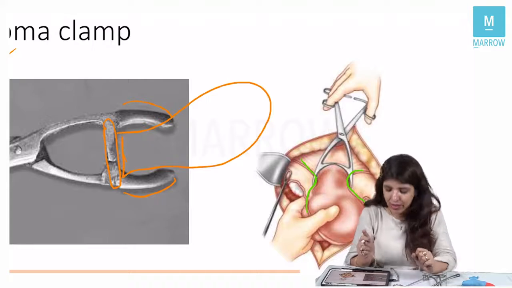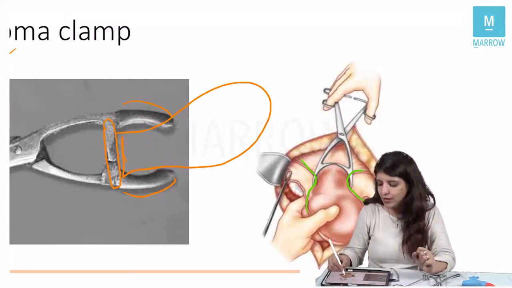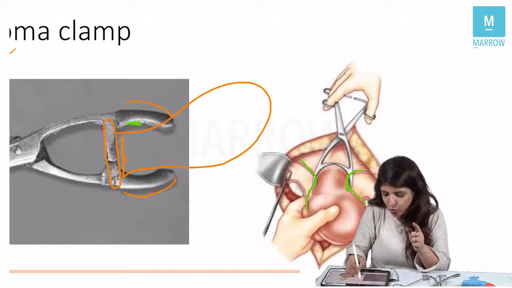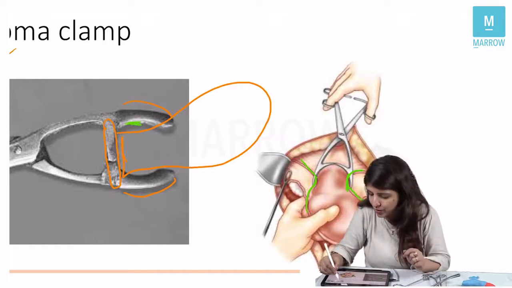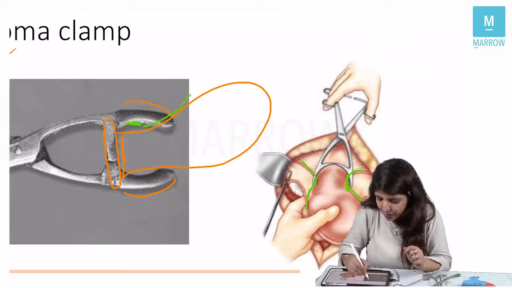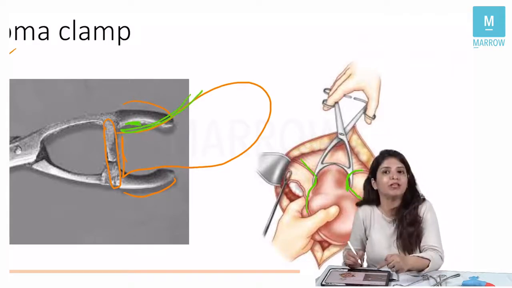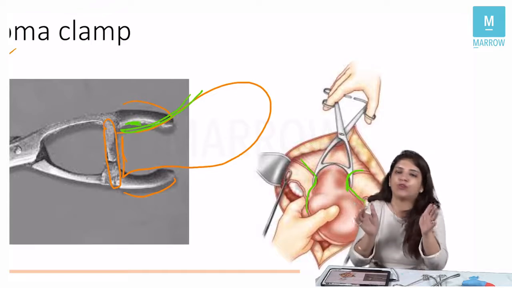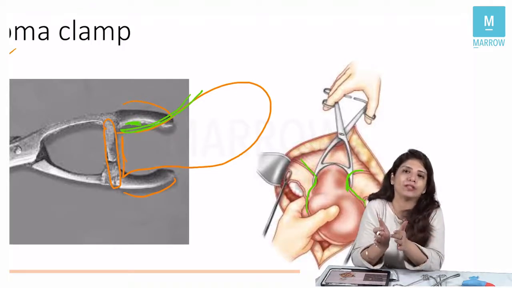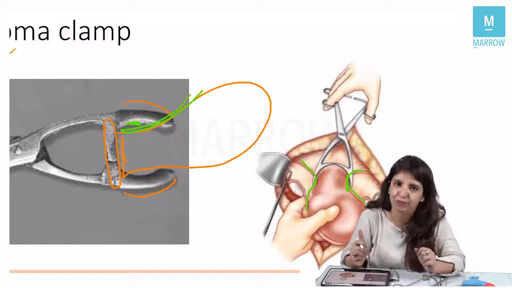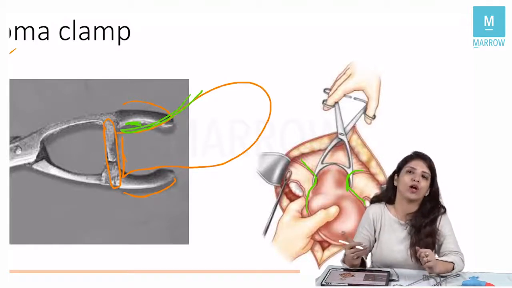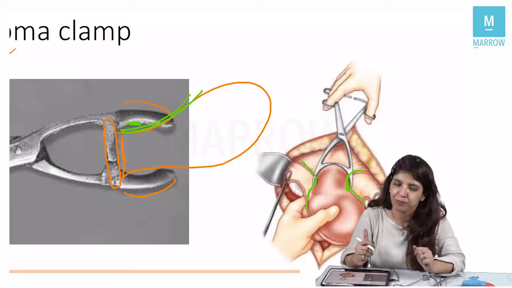That's number one. Number two, because the round ligament will be present between the blade and the isthmus, the compressing effect of the blade will not come on the isthmus or the uterus, right? So, that is why we hold the round ligament also along with the isthmus, right?